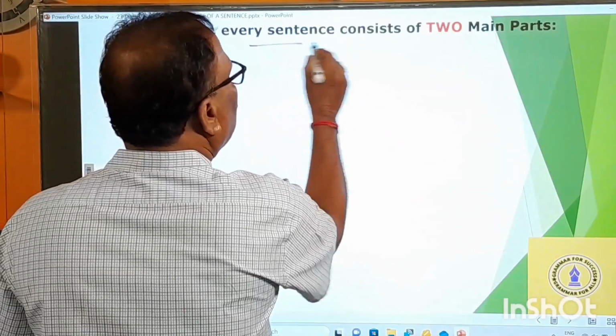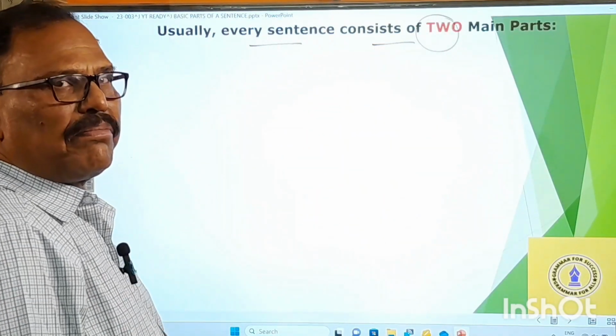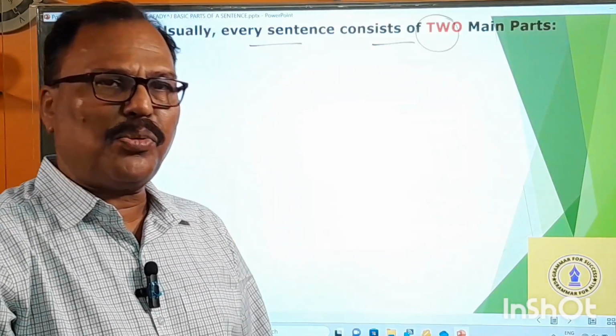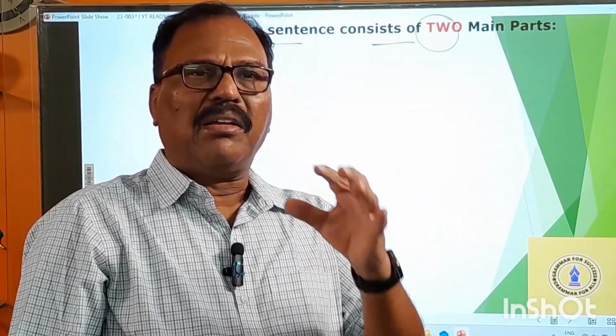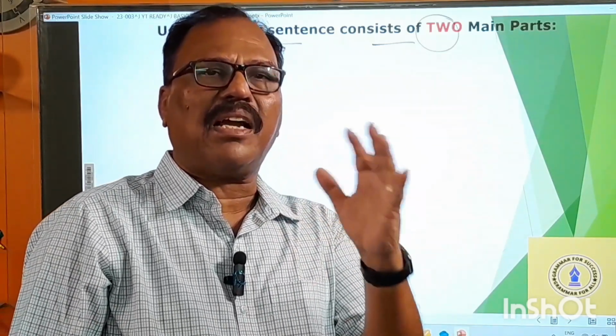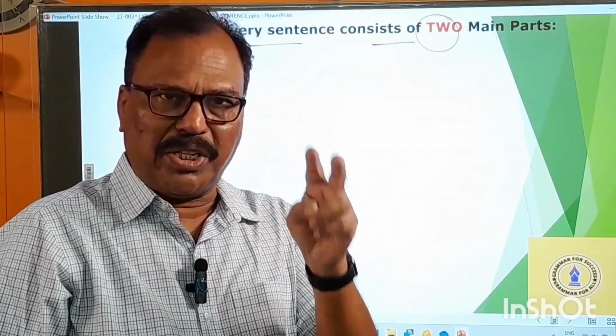Every sentence consists of two main parts. You know very well, in the previous two videos I have dealt very elaborately with the various kinds of sentences, and please watch those two videos.